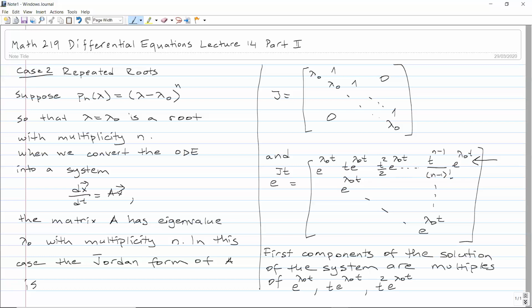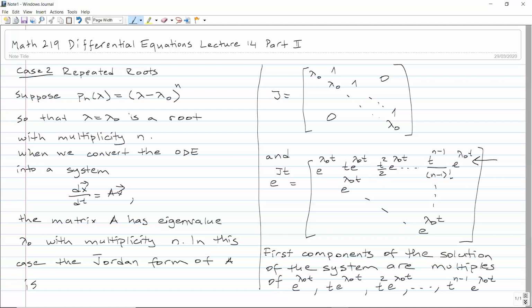Since I'm considering multiples of the functions, I don't need to take the constant 1/2 into account. And the last one, t to the n minus 1 times e to the lambda 0 t. So we have n functions again, because we have an n by n system.